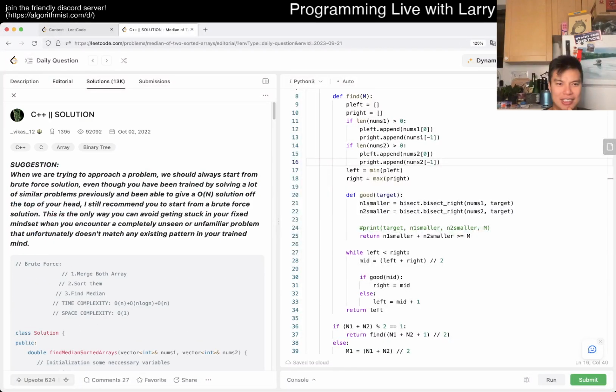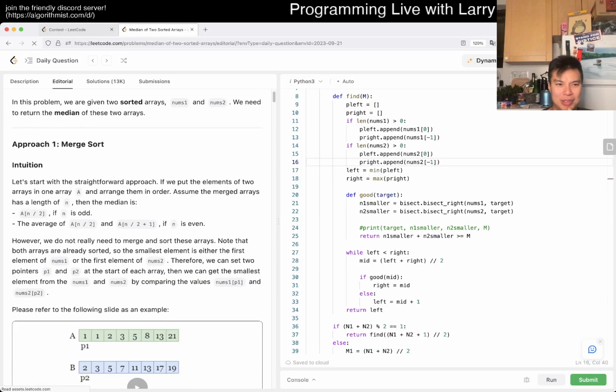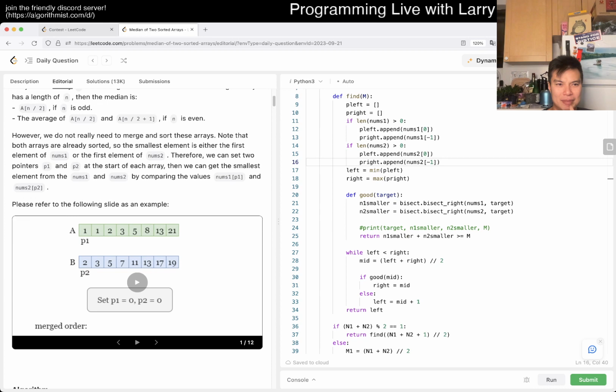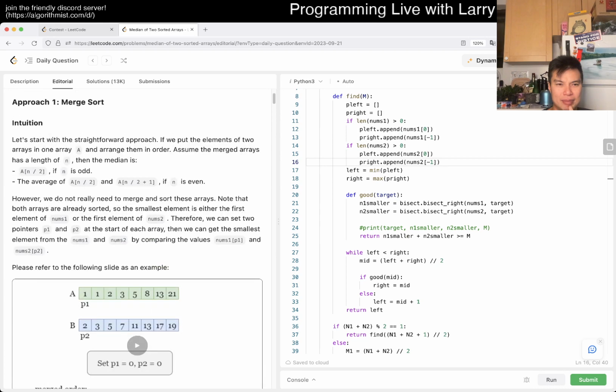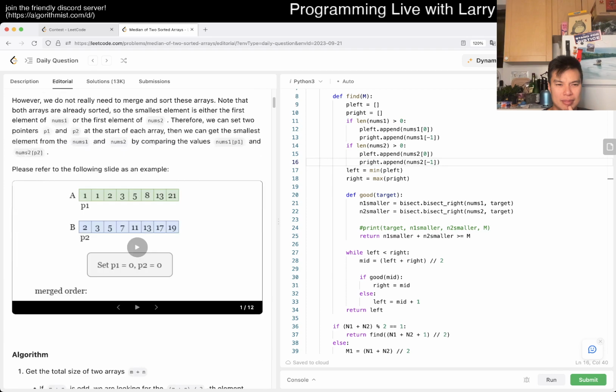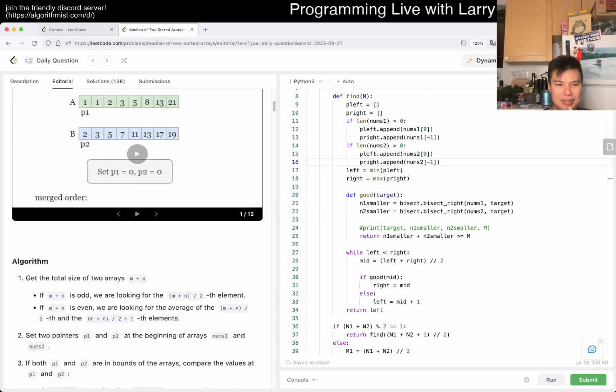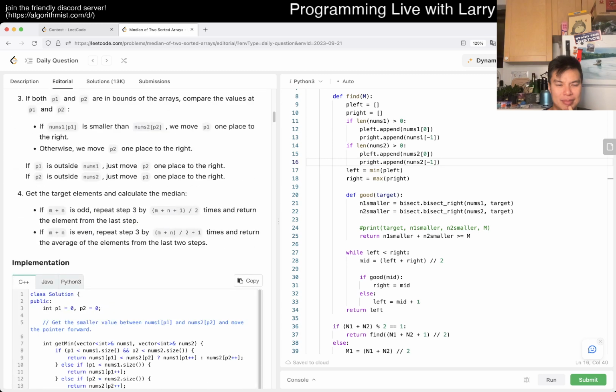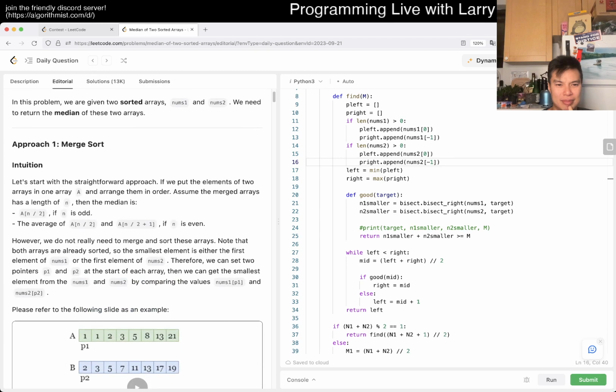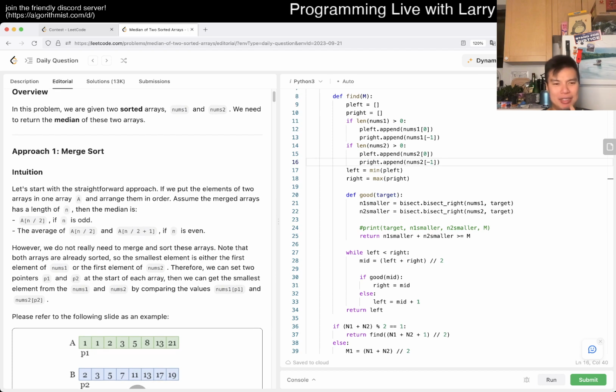Oh, I guess I could just click on editorial. Maybe that helps. Merge sort. Wait, what? Oh, I see. I mean, that's basically what I was doing, but I didn't have this terminology.